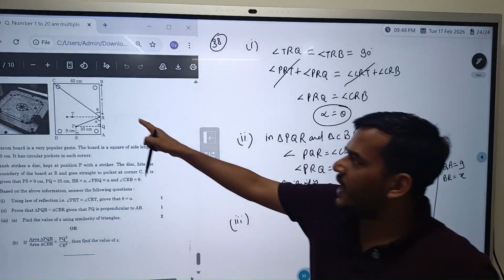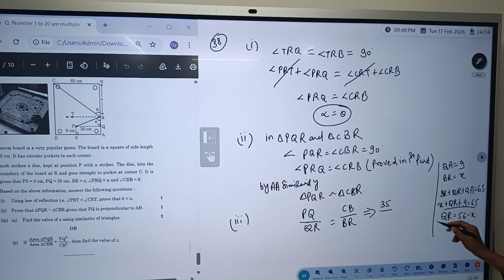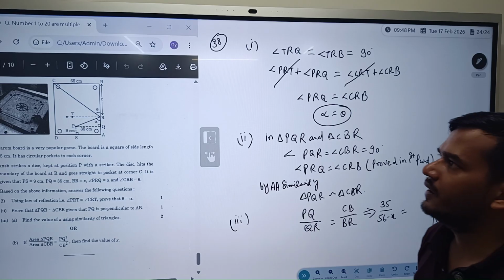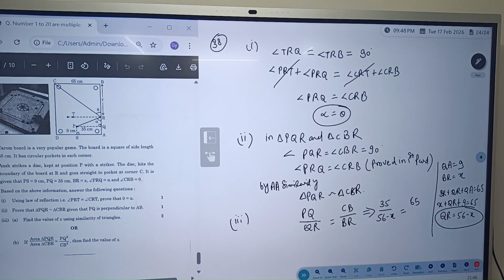The total of BR, QR and QA is 65 because ABCD is a square of 65 centimeters. So BR plus QR plus QA is equal to 65. BR is x, QR we have to find, and QA is 9, so QR is equal to 56 minus x. CB is equal to 65 and BR is x.